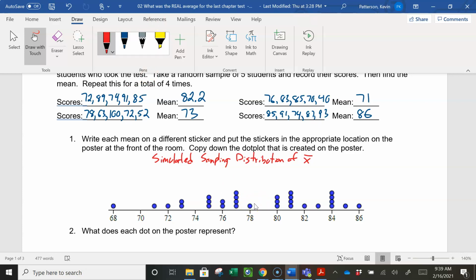So what I would do at this point is I would pause the video and just copy in this dot plot. Okay, and like I said, keep in mind each one of these dots is an X bar. Every single dot in this dot plot is a sample mean of size 5. So you guys get the point there.